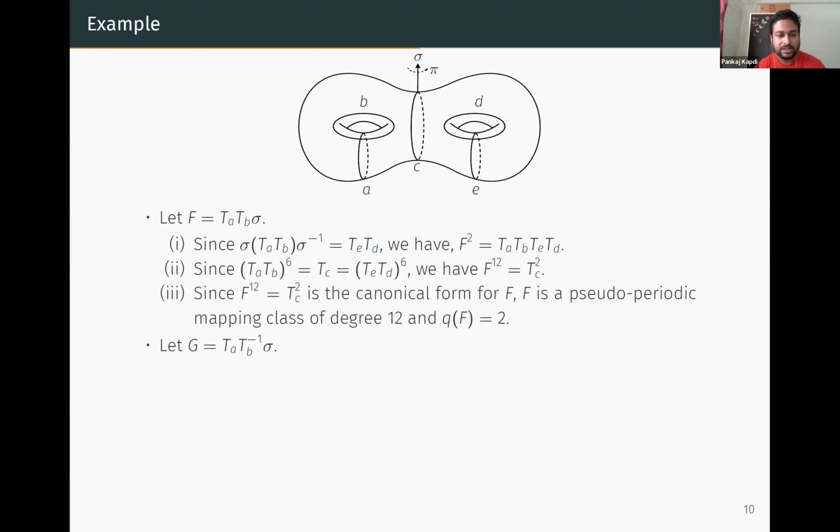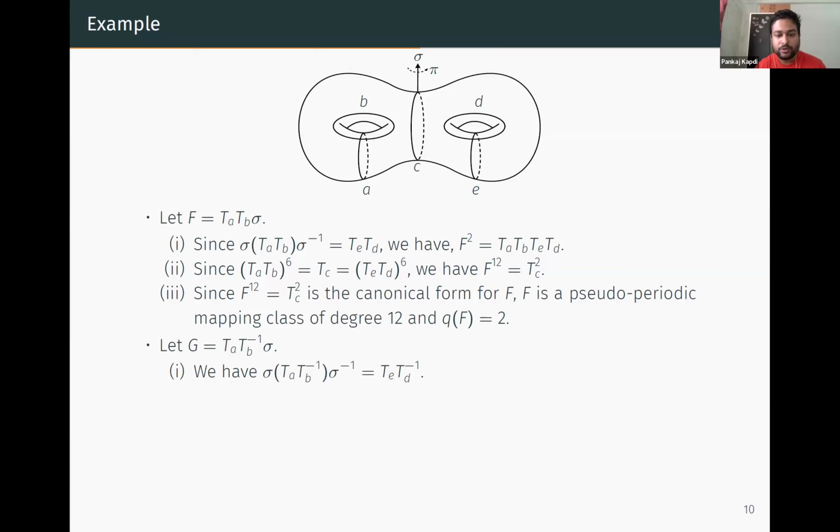And I'll take one more example. This is T_A T_B inverse sigma. In this case, you note that I'm taking power 2 because in the complement of this separating curve, this separating curve is the canonical curve, and because sigma is an order 2 map, the two components get permuted. So I have to take a square to fix them.